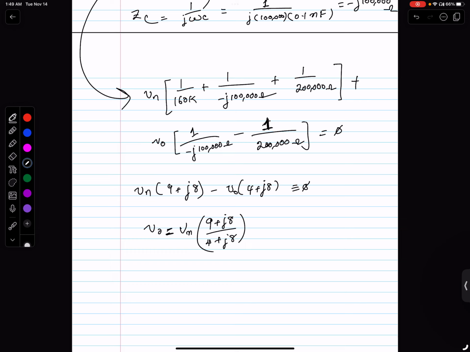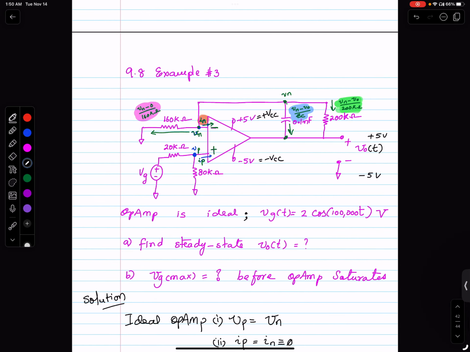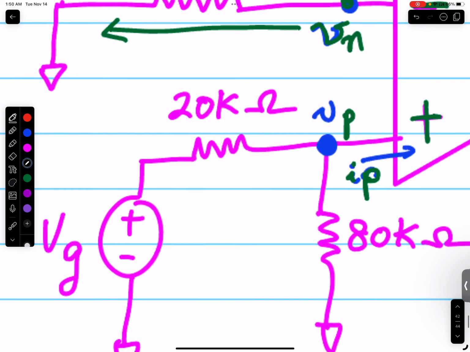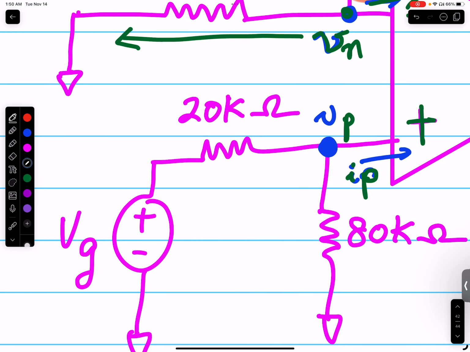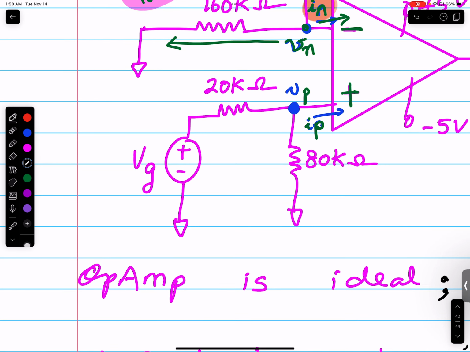Now we can solve for the node voltage Vp at the non-inverting terminal of the op amp. We can do the same thing at Vp as well. If you understand what the value of Vp is, it's a voltage divider.